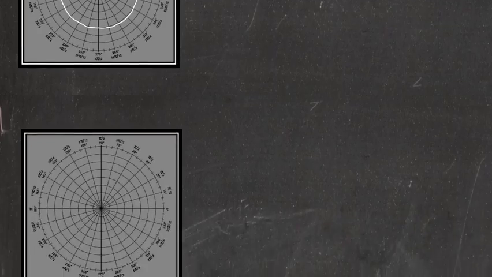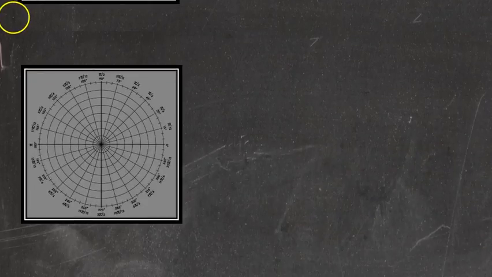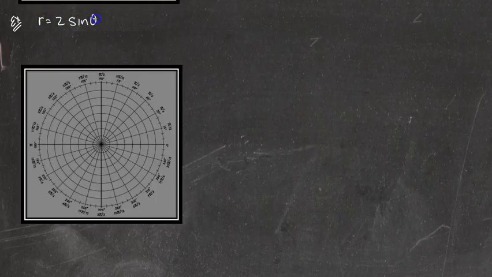Last but not least, and perhaps more confusing, is another example with another trick: r equals 2 sine theta. If we graph this, sine theta tells us that we're dealing with a circle on the vertical axis, and 2 says that I have a diameter of 2, which means a radius of 1.